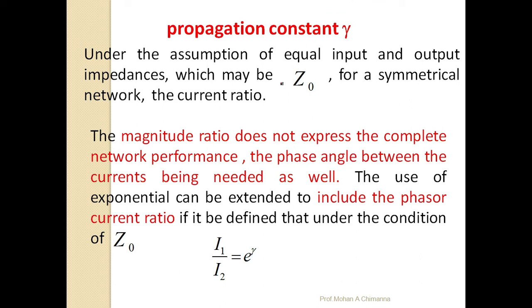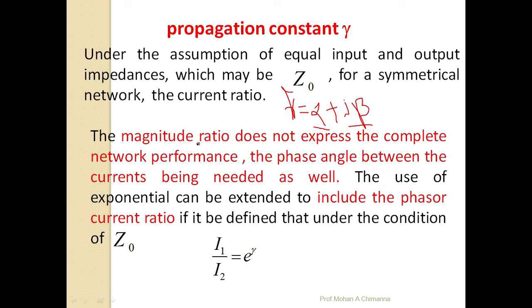Basically we know that gamma is equal to alpha plus j beta. Alpha is the attenuation constant and beta stands for the phase constant. So the propagation constant is the combination of both the phase as well as the attenuation.